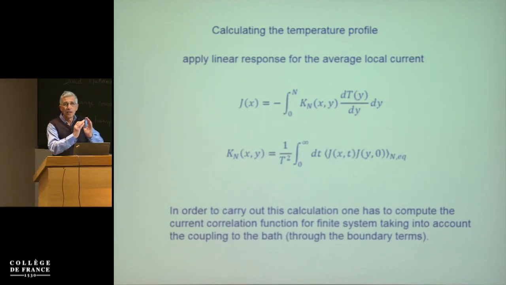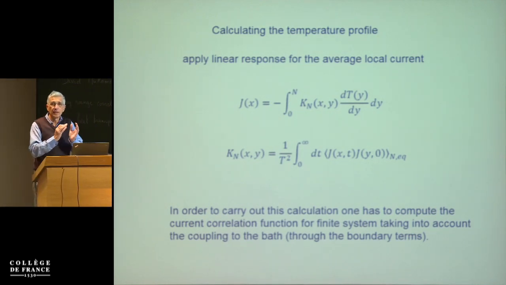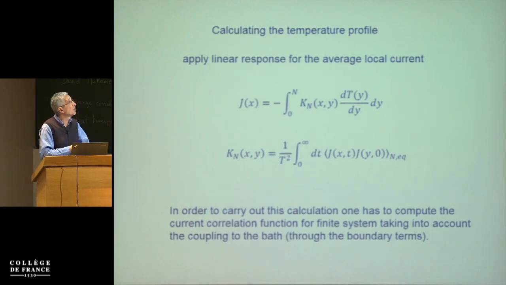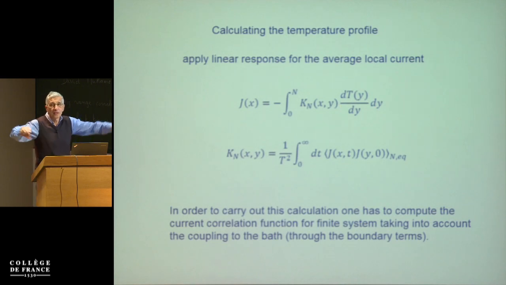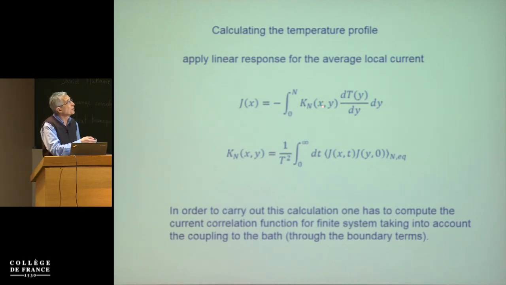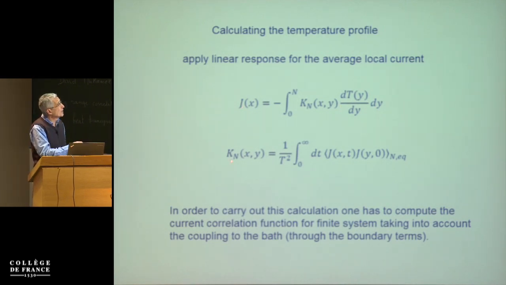It's not a local relation like in diffusive systems; the kernel is not local. It is spread out, and as a result the current is related to the temperature gradient everywhere in the system through the kernel that you can calculate. This kernel is basically the JJ correlation function, which you can calculate in equilibrium.